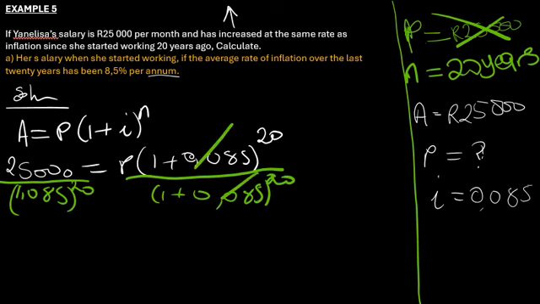Therefore I get P equal to 25,000 divided by the answer to the power 20.